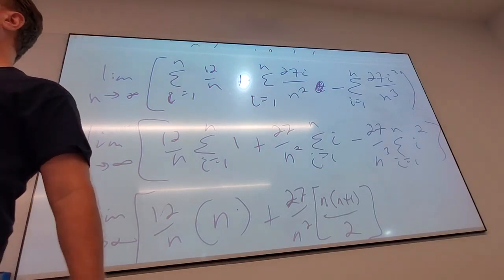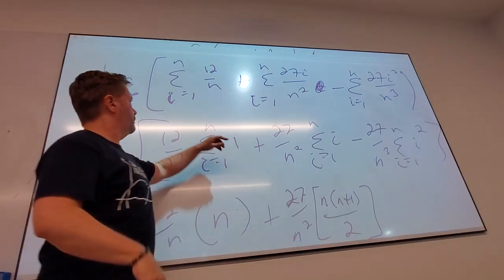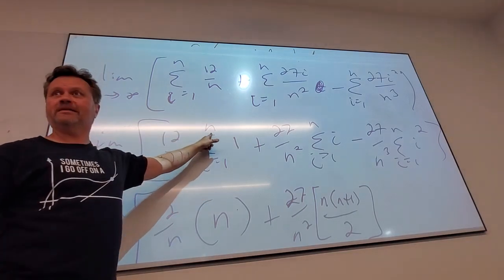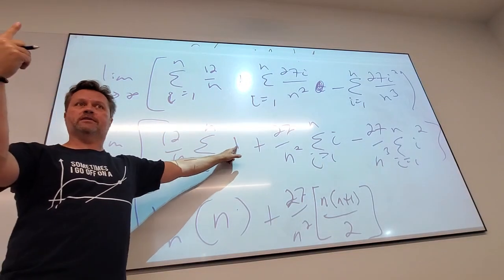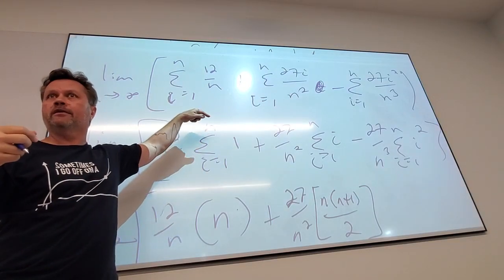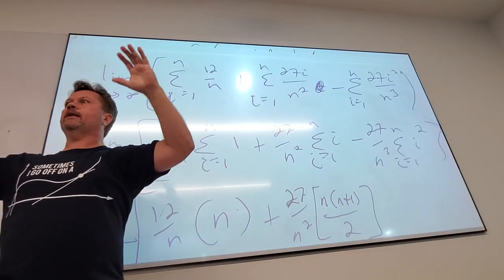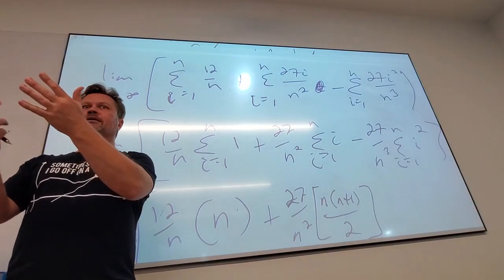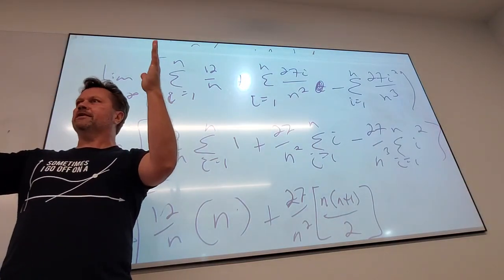So if I have N ones, which is what that says, how many ones does this say I have? N, yes? When I is 1, this is 1. When I is 2, that's 1. When I is 3, that's 1. So how many ones do I have? N of them. So if I add up N ones, of course I get N. That rule is straightforward. That makes all the sense in the world.